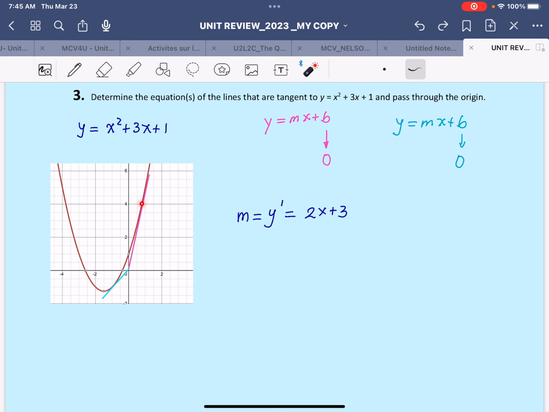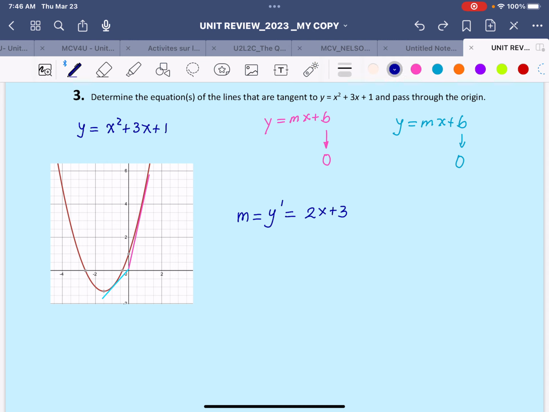Now, because these two tangent lines are drawn from a specific point on the Cartesian plane, it means that the slope of the tangent must also be equal to the rise over run of the line that is created from connecting the origin with a point of tangency.